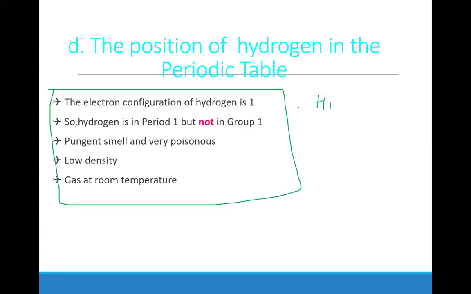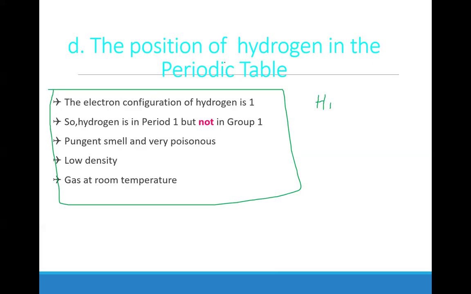The reason is that hydrogen has only one electron in its outermost shell. But we know that except hydrogen, all elements in group 1 are metals. They all exist in solid state at room temperature, and they're all highly reactive with oxygen and water.